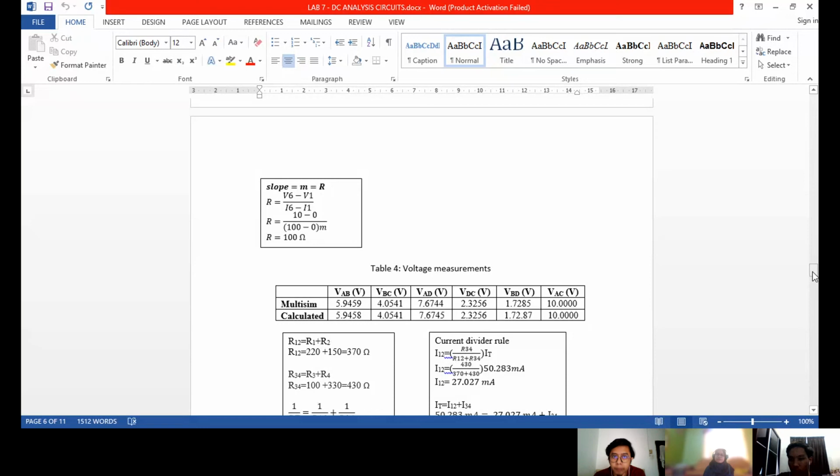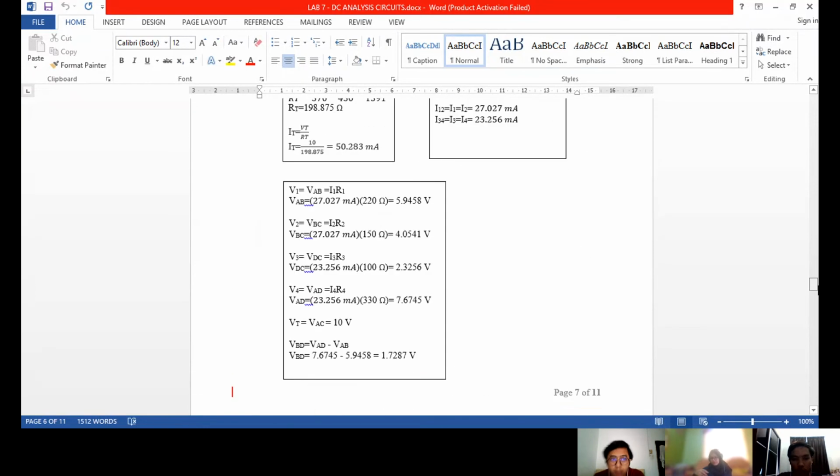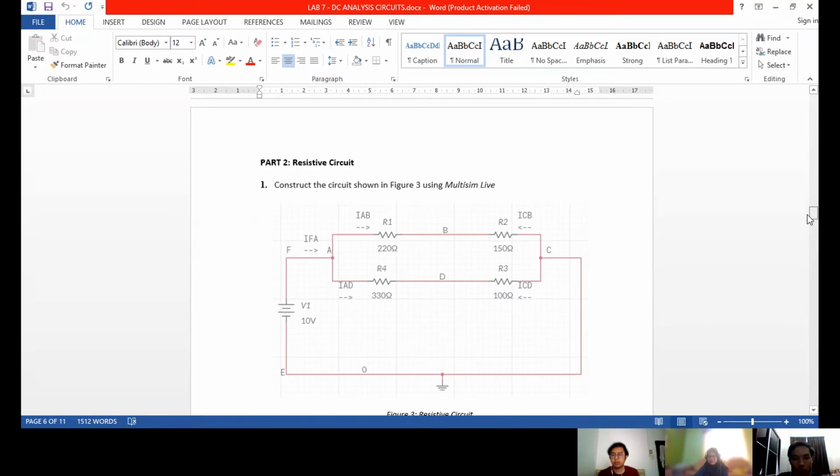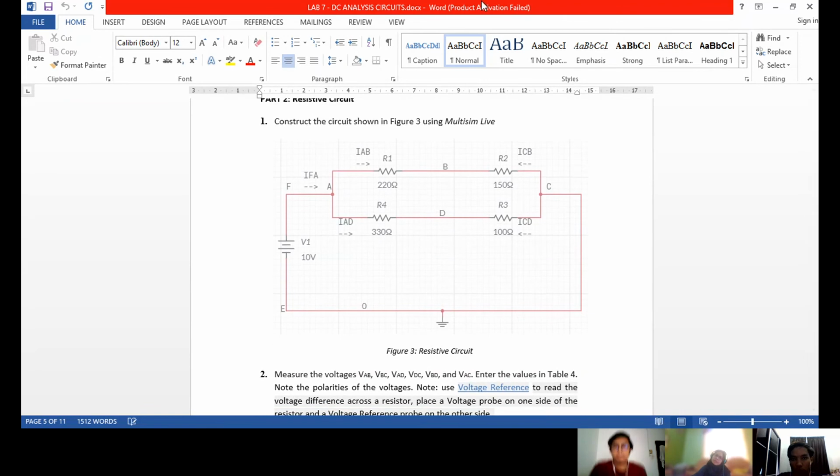The procedure tells us to construct a circuit. This is the circuit, and we have constructed it.